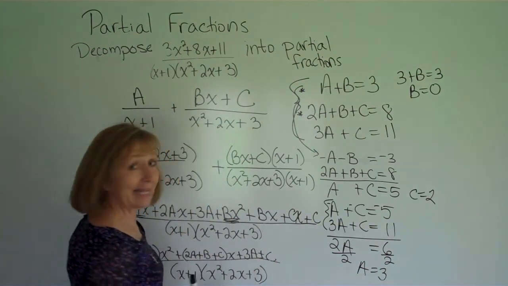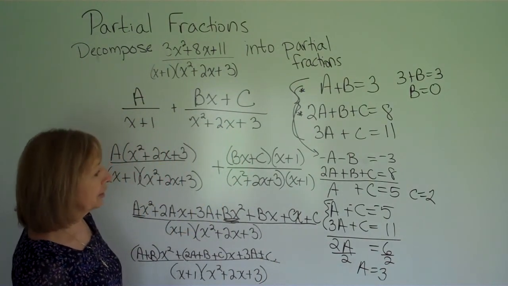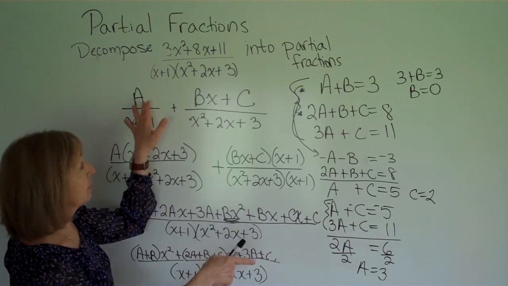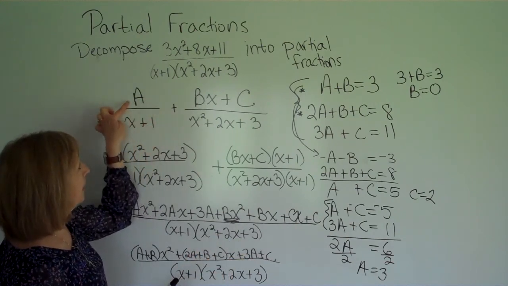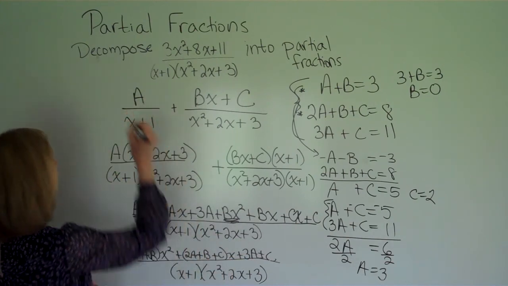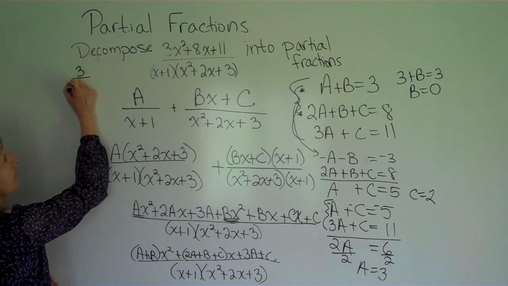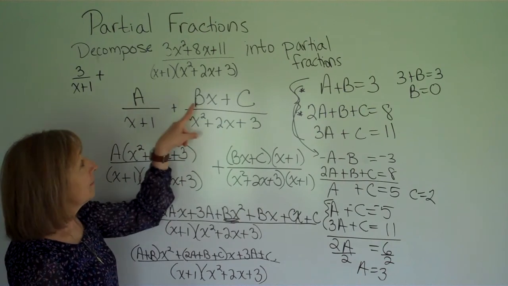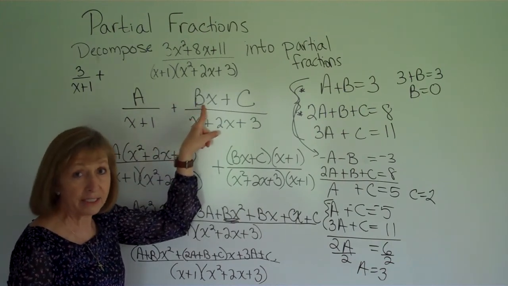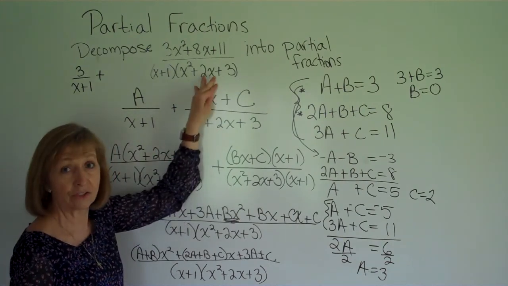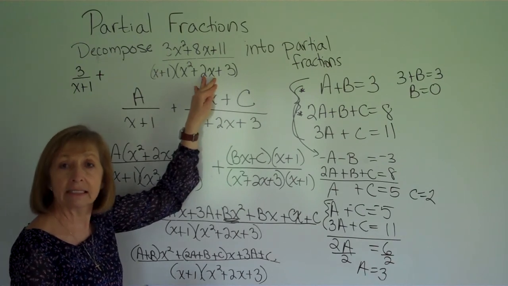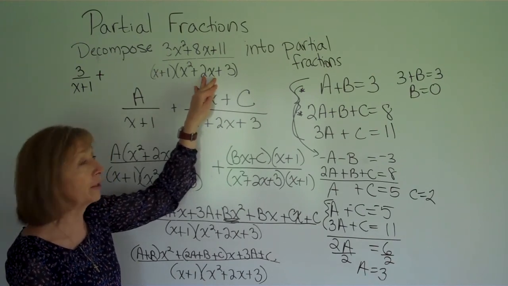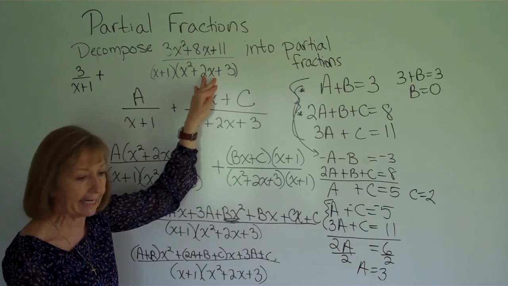So what that means for my partial fractions is, I have a is 3, so that's 3 over x plus 1, plus b came out to be 0, so I don't need to write that term because 0 times x is just 0. So in this case, it doesn't have that x term in the numerator, but I had to put a placeholder just in case.